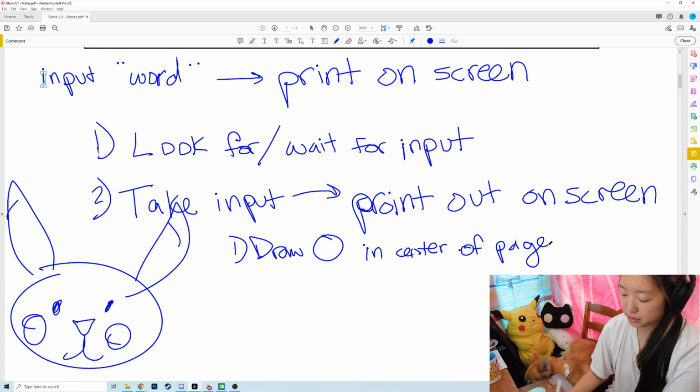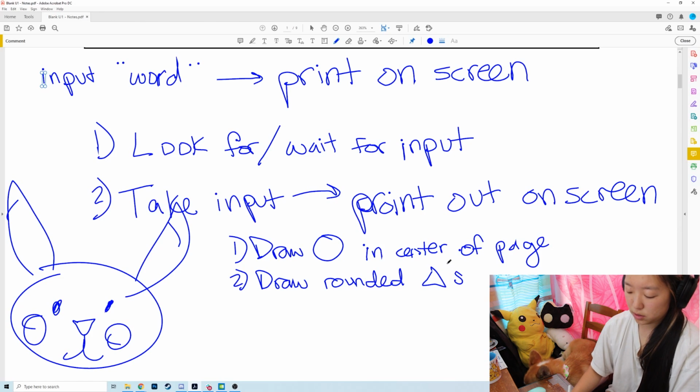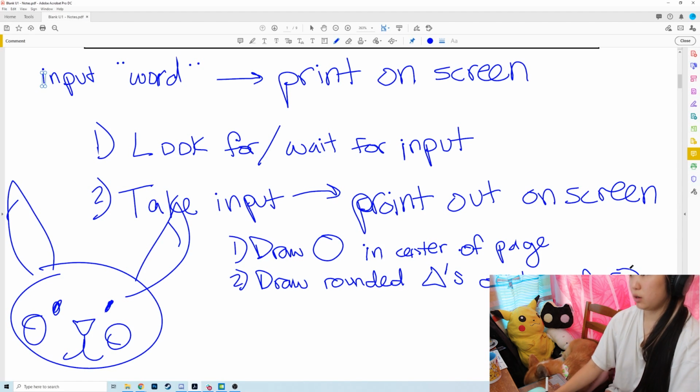And then you'd have to say something like, second is draw, I don't know, rounded triangles on top of the circle. Okay, and then you'd go so on and so forth.